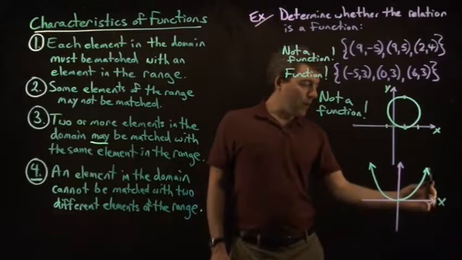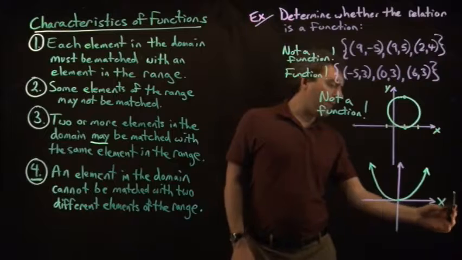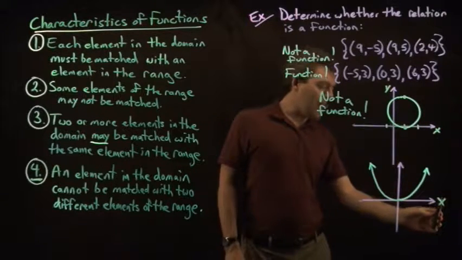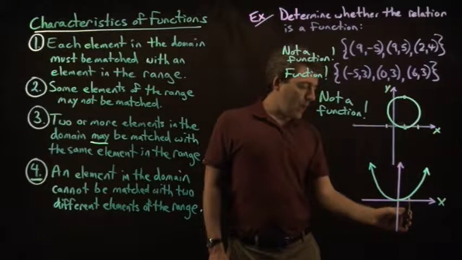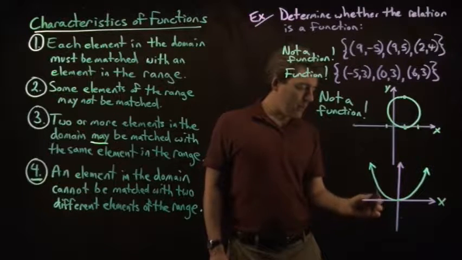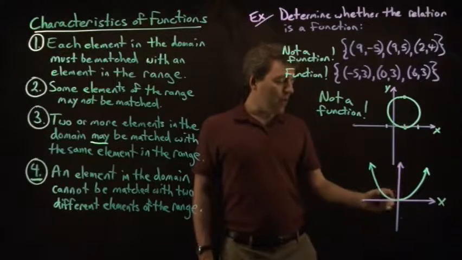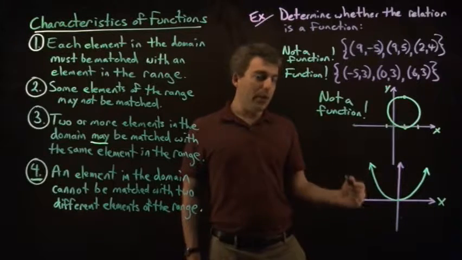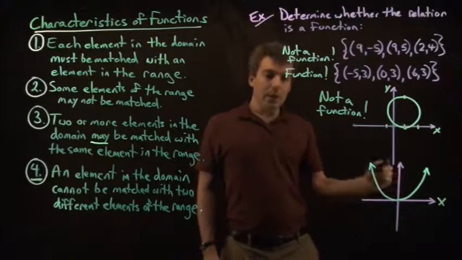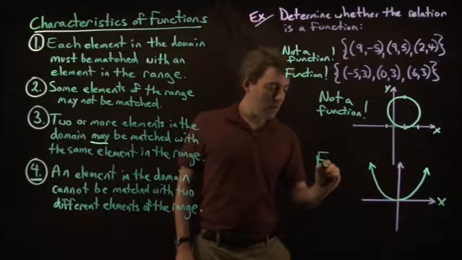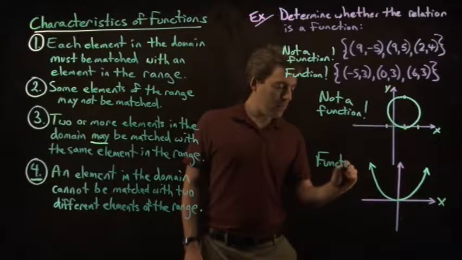Well, if we start over here, we'll have a point on the curve. If we go out further, we can imagine there's another point out there. Going in closer, we have points here, points here, points here, and so on. It doesn't look like for an x value there are multiple outputs. So we'll conclude that this is a function.